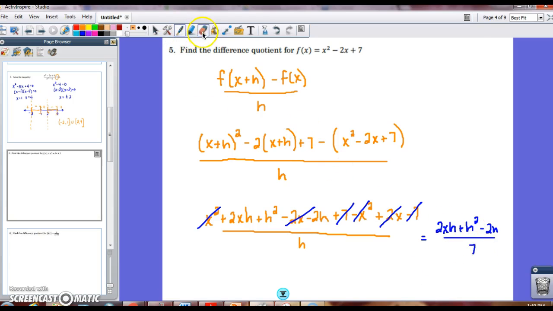Sorry guys, I was looking at the 7. Here you can factor an h out of each of those terms, so you end up with 2x plus h minus 2 as your final answer.